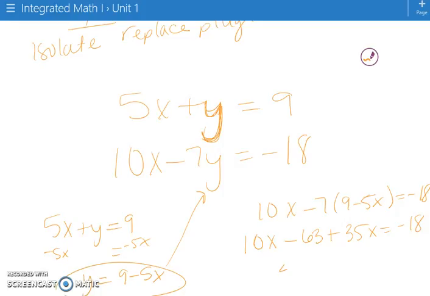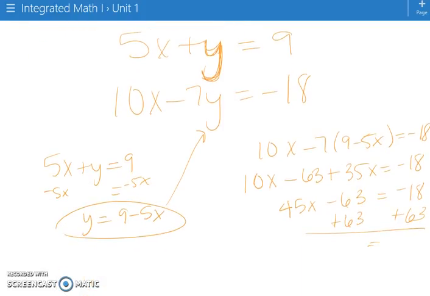Combine, so I get 45x minus 63 equals negative 18. Add 63 on both sides. That gives me 45x equaling 45. Divide by 45 on both sides. So x must equal 1.